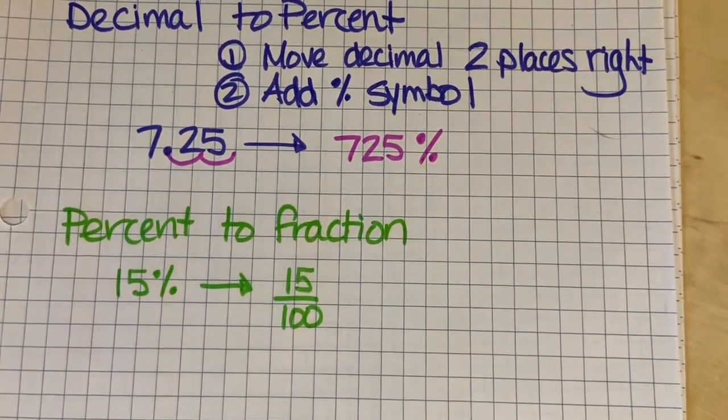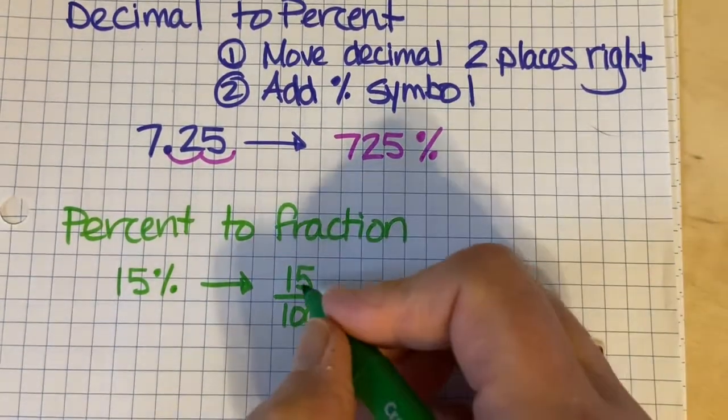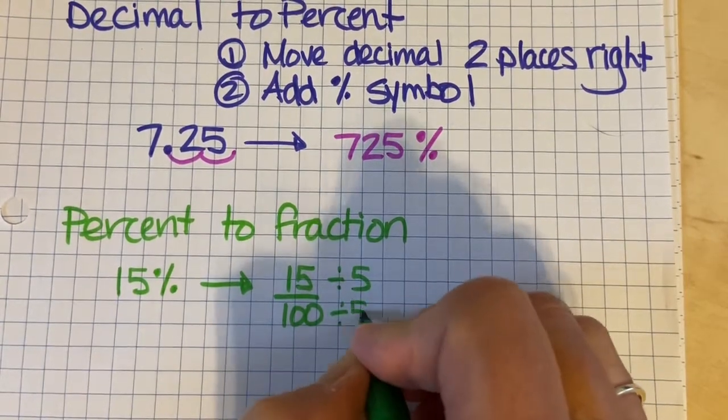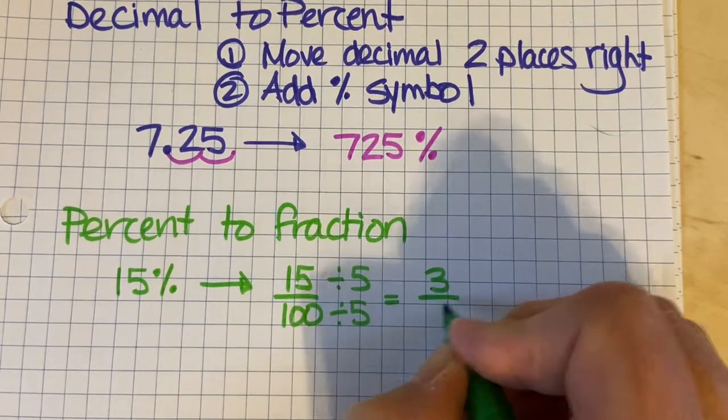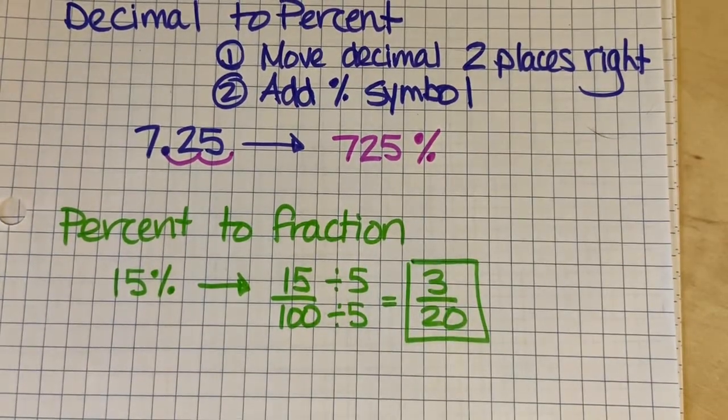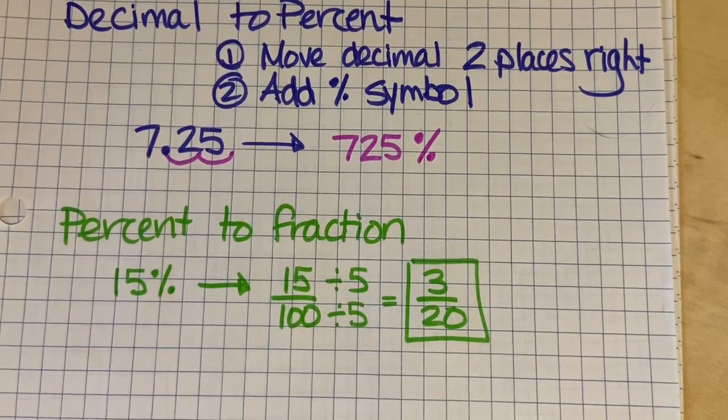And then I would just put that in lowest terms, because it's not in lowest terms right now, because 5 goes into both of these. So if I divide by 5, I would get 3 over 20. So that's how I change a percent to a fraction. I put it over 100, and then I simplify the fraction.